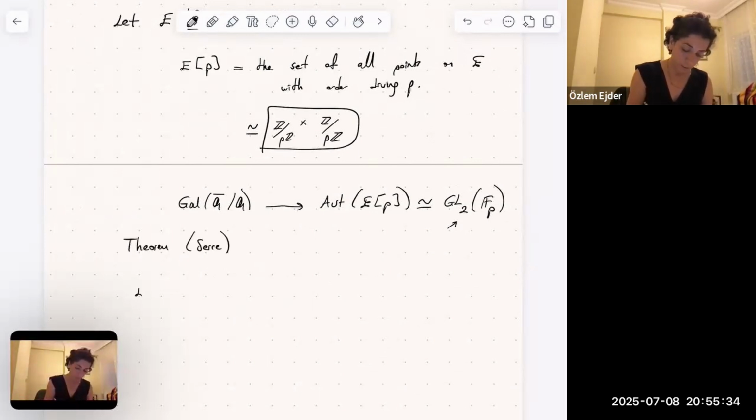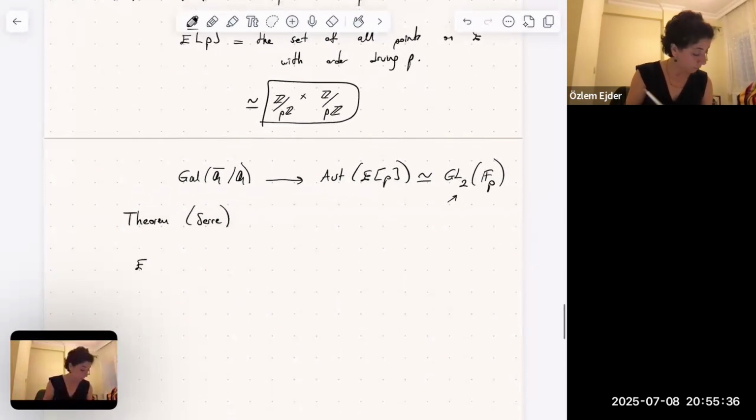There's a technical term here that I won't describe. So I have an elliptic curve E that is non-CM. I won't get into that now unless you ask.